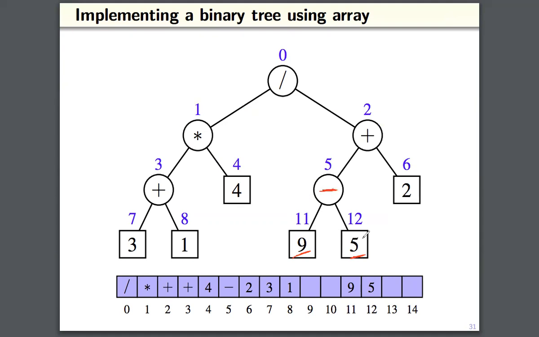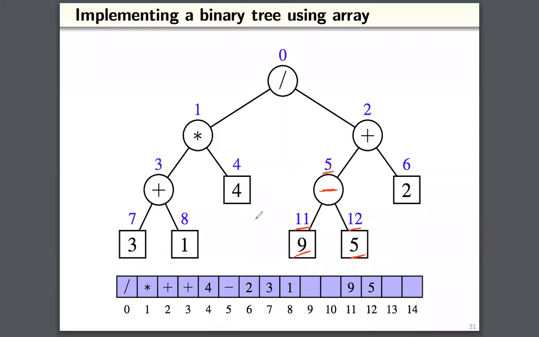So these are the child nodes, right? Now you have 5 and its child nodes are 11 and 12. How are they related? It's 2n plus 1 for left and 2n plus 2 for right.